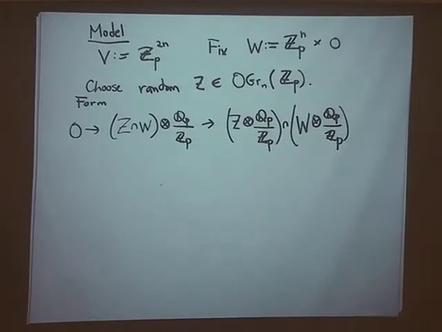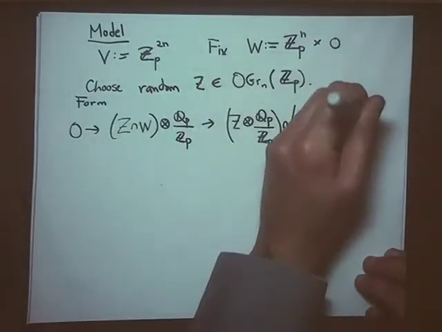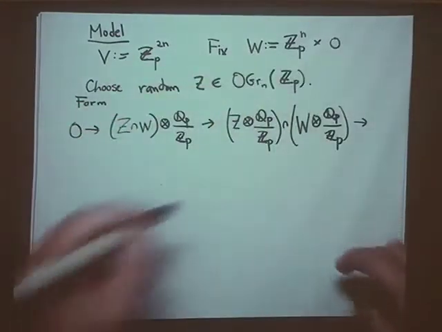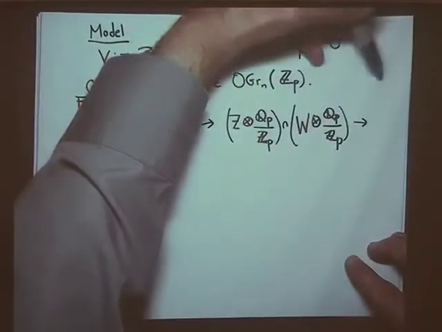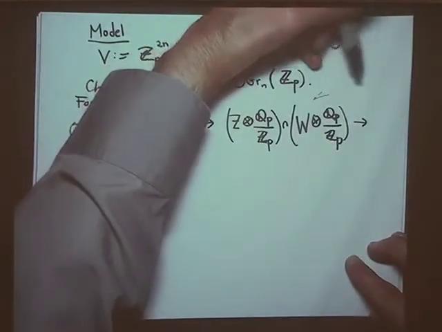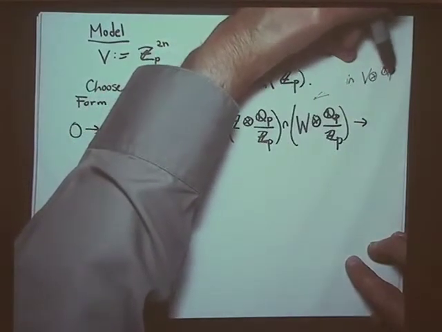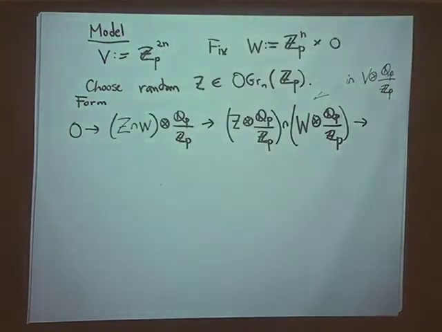And the obstruction, the difference between them, is going to be measured by some other group, which I'll give a name in a second. This intersection is happening inside V tensor Q_p mod Z_p.